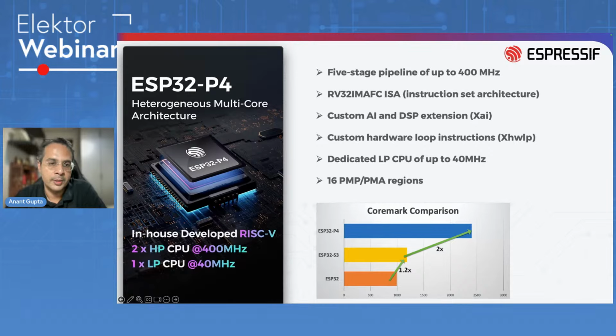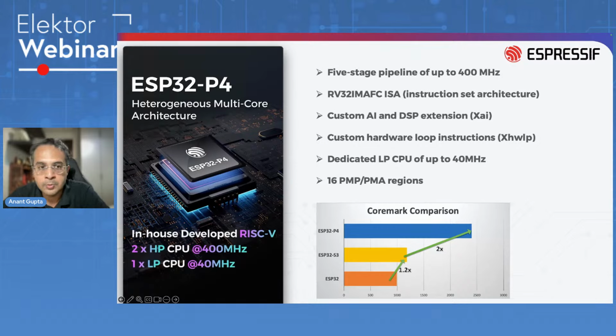So overall, from the processing capability point of view, the ESP32, which was our original flagship product, had around 1,000 of raw CoreMark for its dual core. When we went to the ESP32-S3, we were still having the same clock speed, which was 240 megahertz, but we bettered the CoreMark per hertz. So basically, we improved the performance by 1.2x overall.